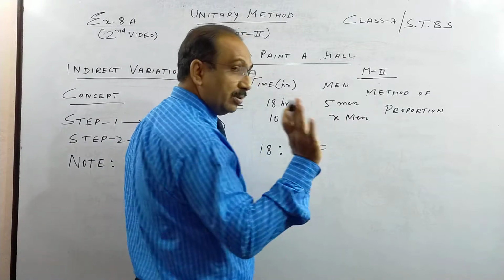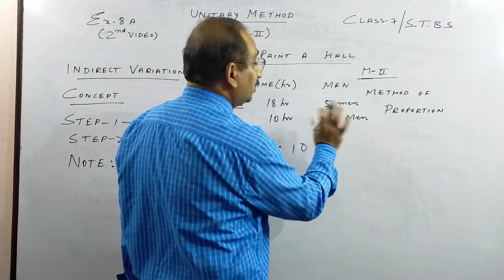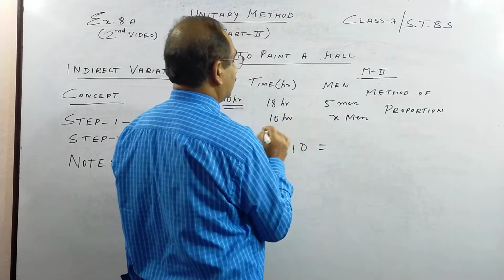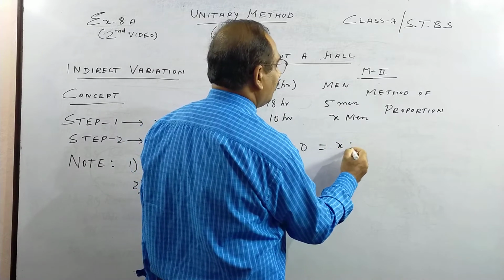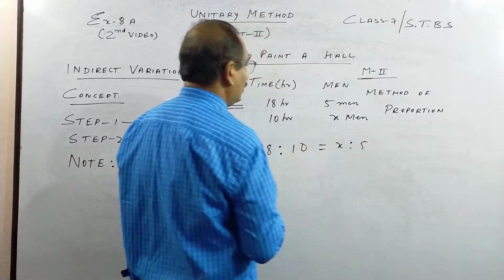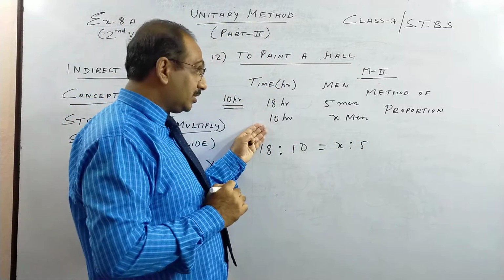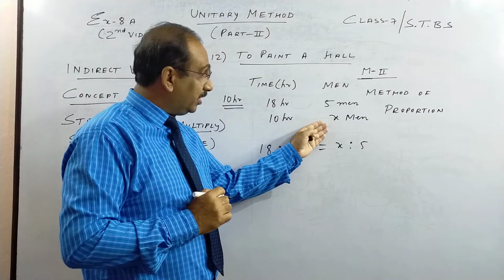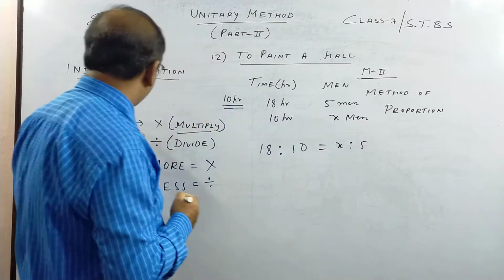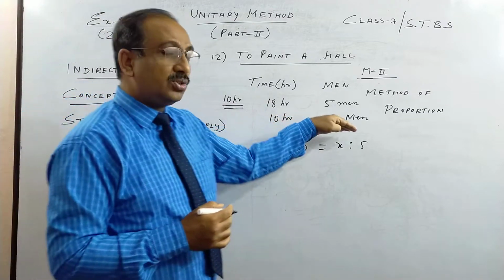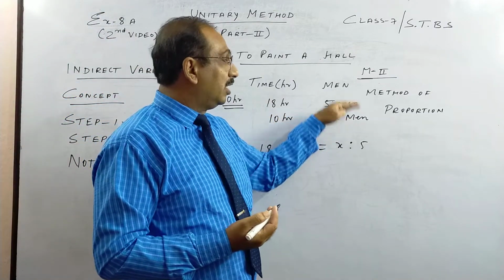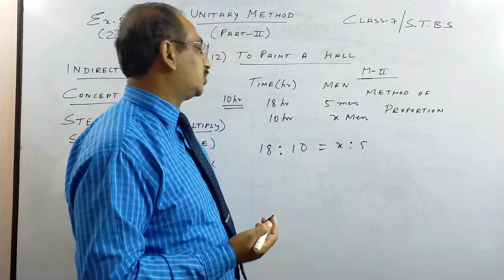This is men is to men, but in direct variation we did this is to this. Here we will do inverse. Okay, X will come first, then 5. So this is to this. It is not this is to this like direct variation. We invert it because it is inverse variation. So one of the ratios stays and the second we invert it. Not 5 is to X, X is to 5.